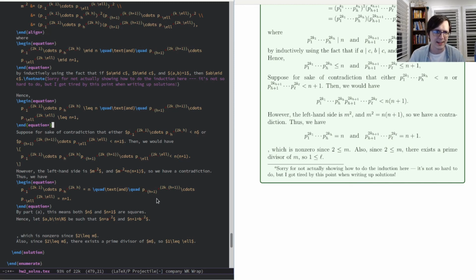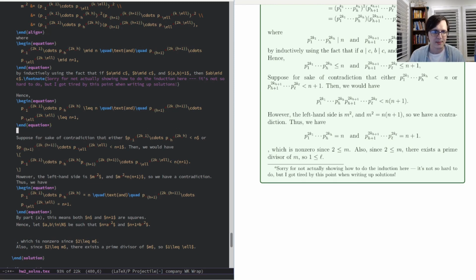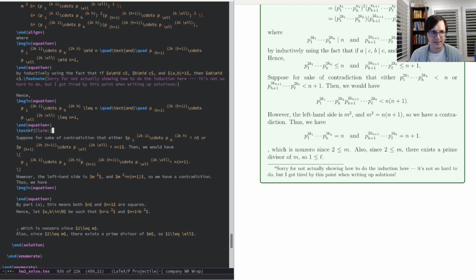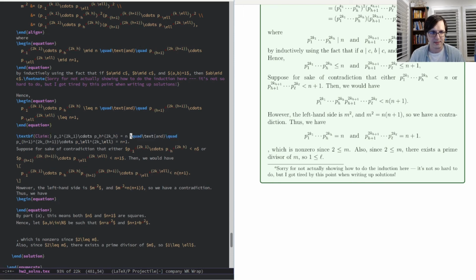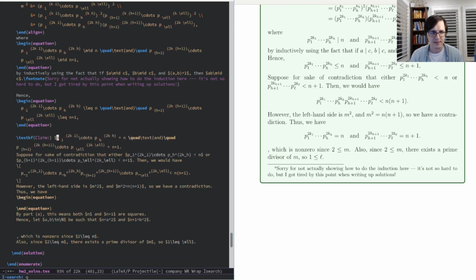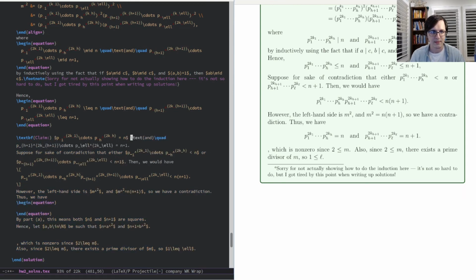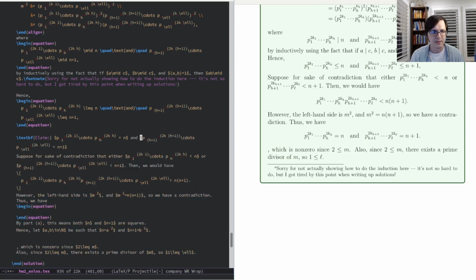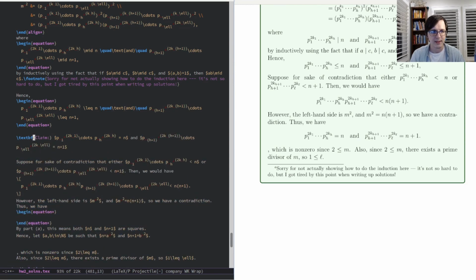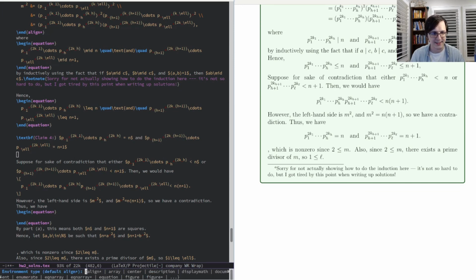So claim: these are equal. I guess this is claim 4. We're going to delete some claims.